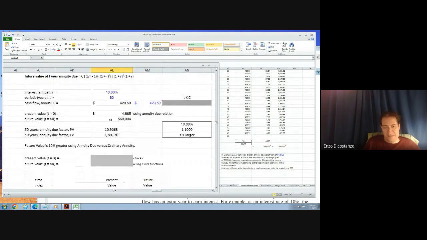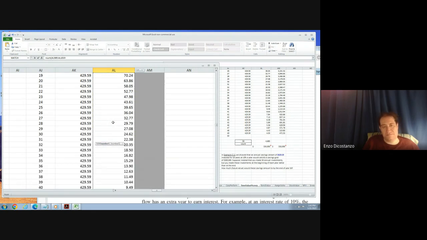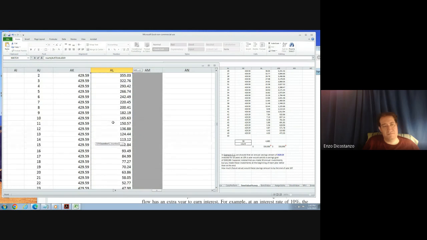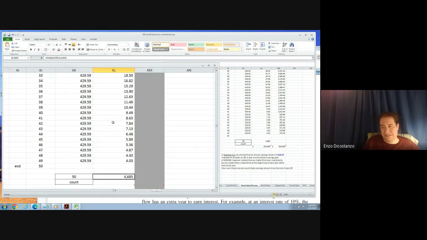Okay, and then what do we do here? Again, we're going to get back to this number, 4,685. So we're going to say equals sum, 4,685.